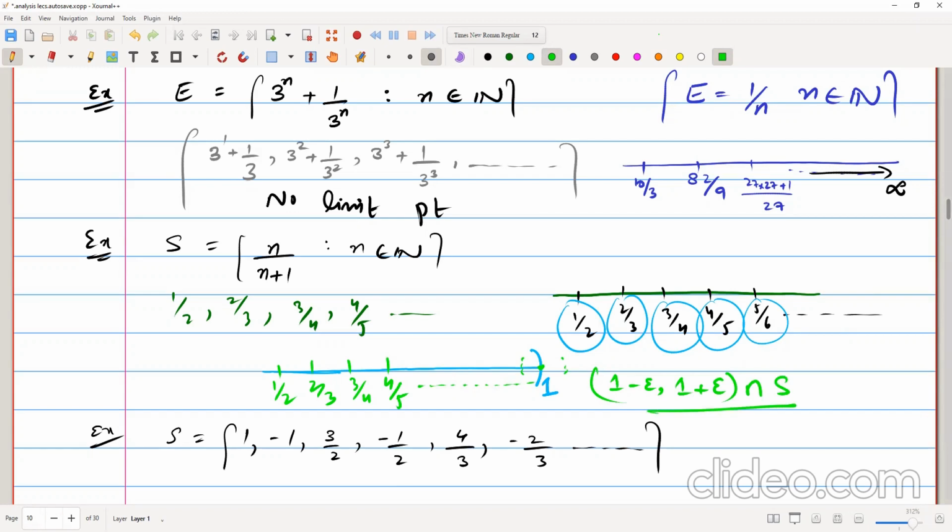All right, because we can see that as the sequence is increasing, it's going near to 1. So for instance, if I take 99999 divided by 1 lakh, we are very, very near to 1.